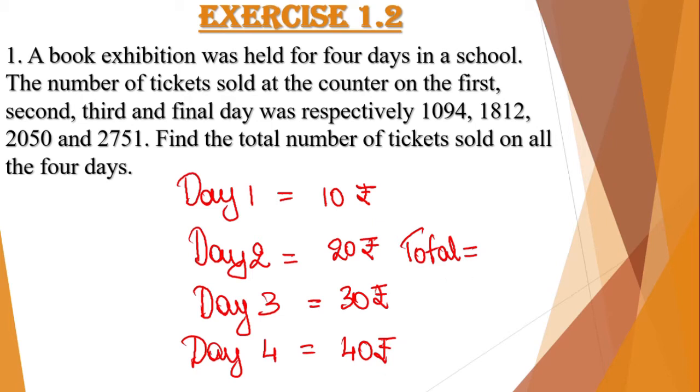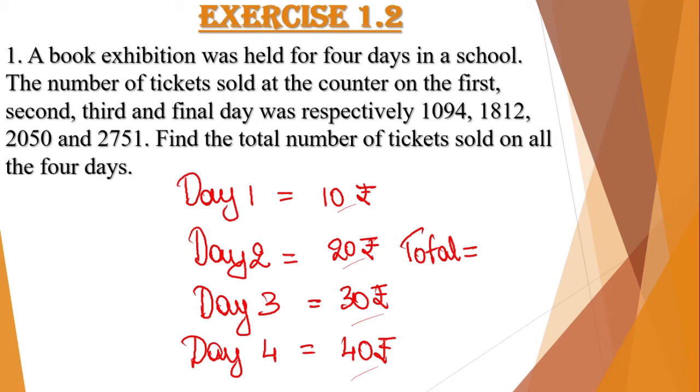You know, addition means all together, adding them. Then if it comes total also, we should add them only, right? Then, what all we should add? We should add 10, 20, 30 and 40.